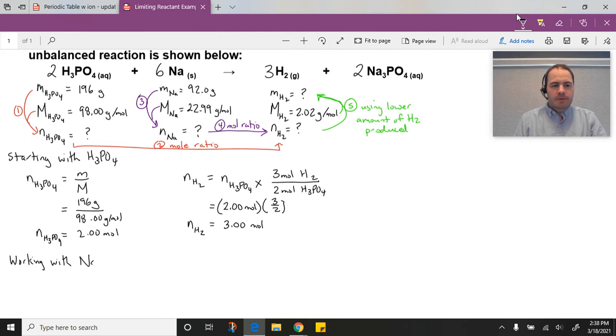If we work with the sodium and assume that all the sodium gets used up, we're going to try and figure out how much hydrogen that would make. So let's figure out our moles of sodium. That again is mass divided by molar mass, which in this case is 92 grams divided by 22.99 grams per mole.